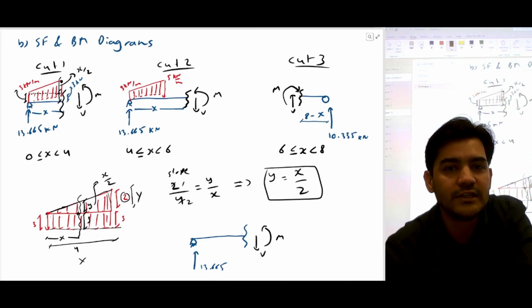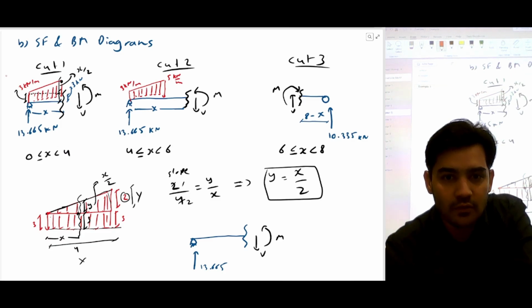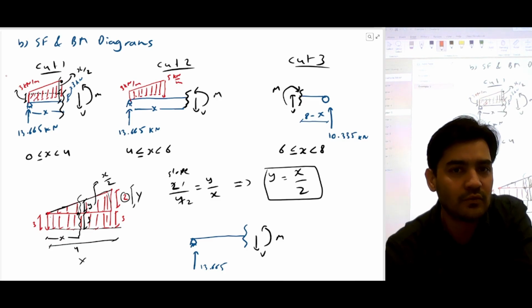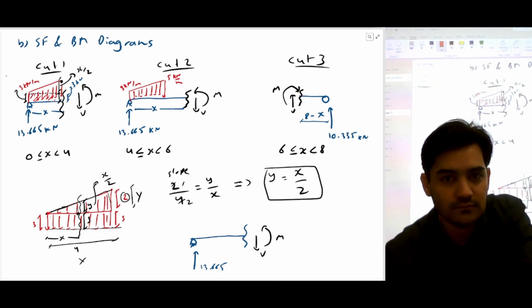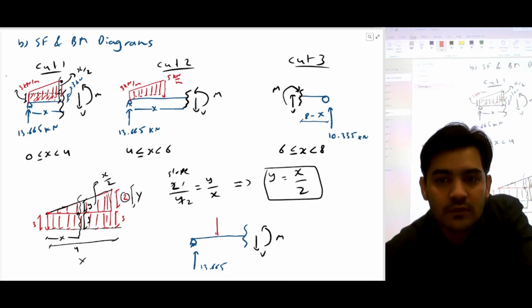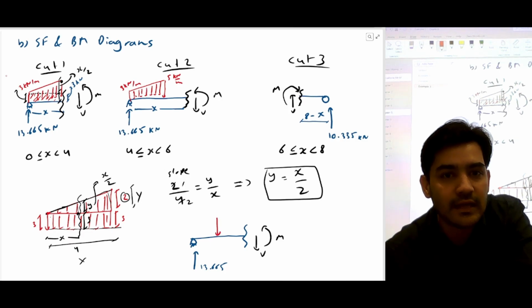Now we're going to convert this trapezoidal load into point loads. All we have to do is calculate the area. The area of this rectangle is length into height, 3 into x.